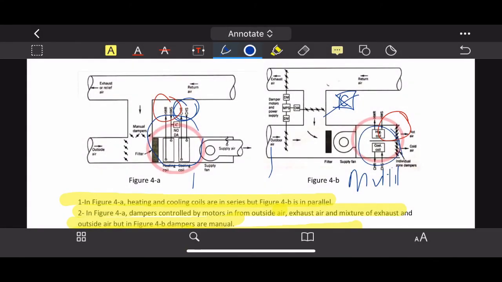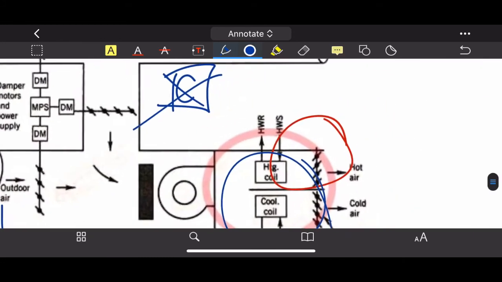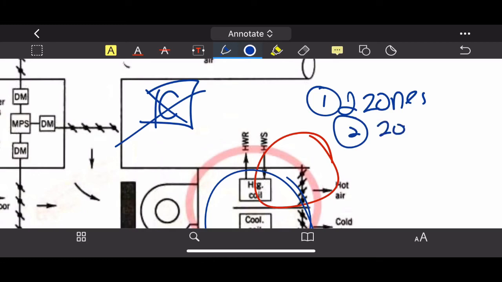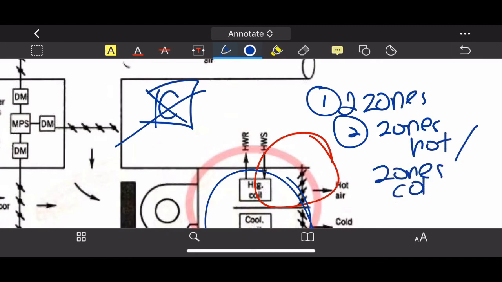Sometimes a room needs to be cold, sometimes a room needs to be hot. Maybe in this case, you can have only 2 rooms or 2 zones. Number 2, there are zones that are hot and zones that need to be cold.